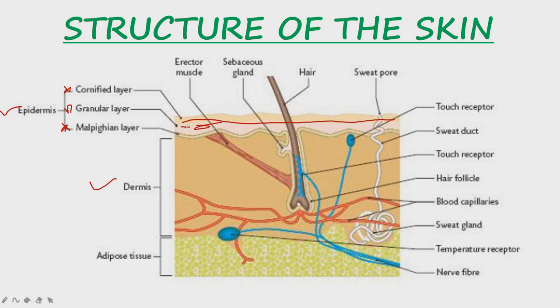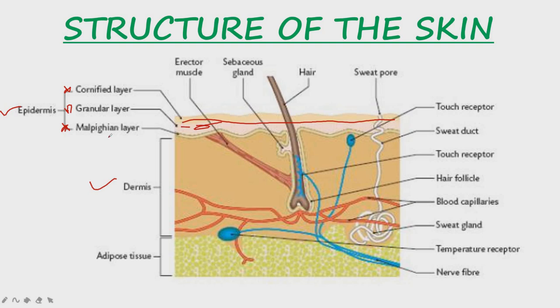The malpighian layer has the ability to produce new cells. It consists of actively dividing cells. So when these cells are formed, they replace the cells in the granular layer.